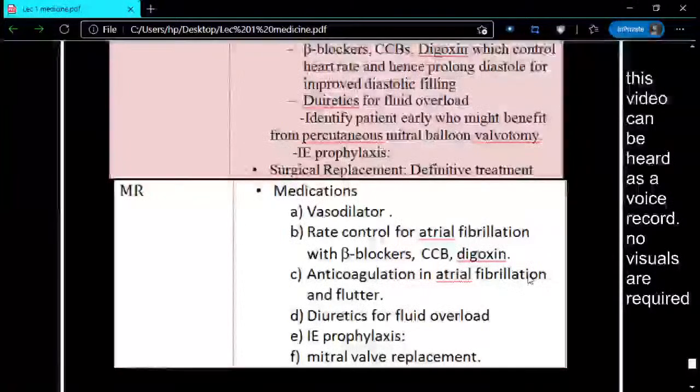The MR is the one with insufficient flow during systole or backflow from atrium to ventricle.